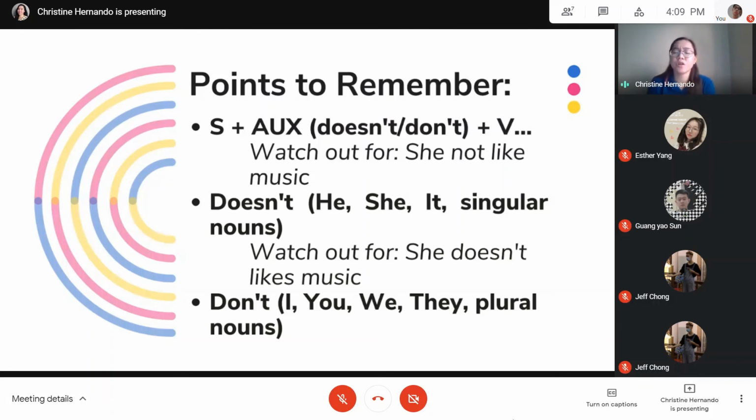We should also watch out for some confusions, because some students add s to the main verb, and we should remember the rule that any verb that follows an auxiliary should be in its base form. Finally, we use the auxiliary verb don't if the subject is I, you, we, they, or any plural noun.